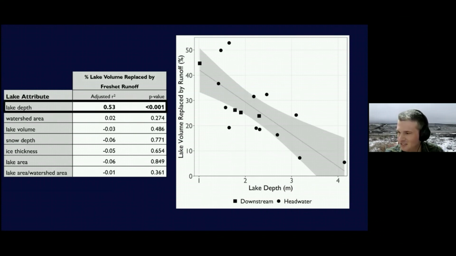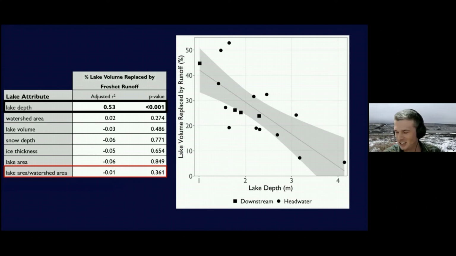That was just a simple test of all the different relationships between lake and watershed characteristics we had. An interesting one is I expected that if a lake had a larger watershed, and therefore more snow and more snowmelt runoff, you would get more of that lake volume being replaced by freshet runoff.